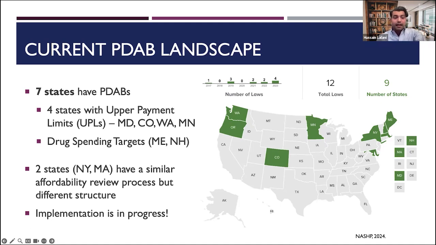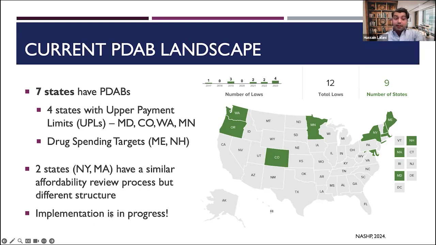And then 2 other states, specifically Maine and New Hampshire, are charged with setting spending targets, which is a completely different type of policy tool that we're not going to talk about today, but it's just something to be aware of. And then, as I mentioned, New York and Massachusetts are a little bit different, and I'm happy to talk about those later in the Q&A if anyone's interested.